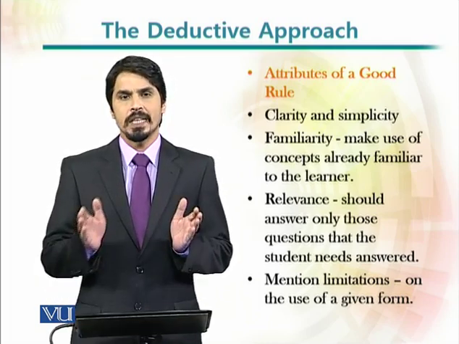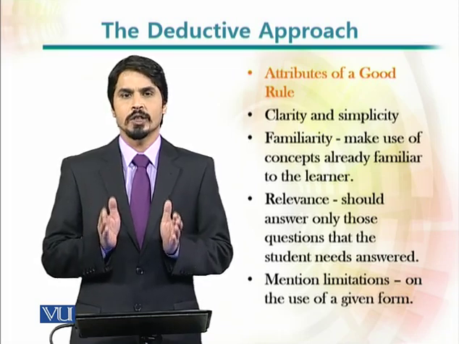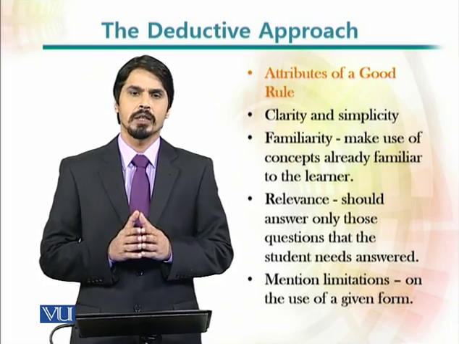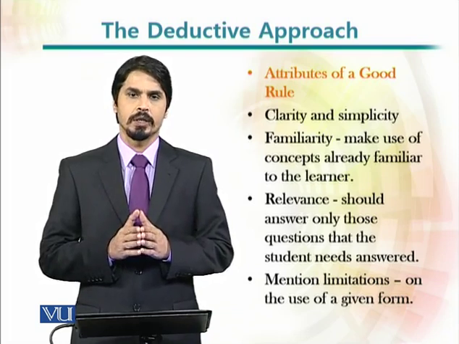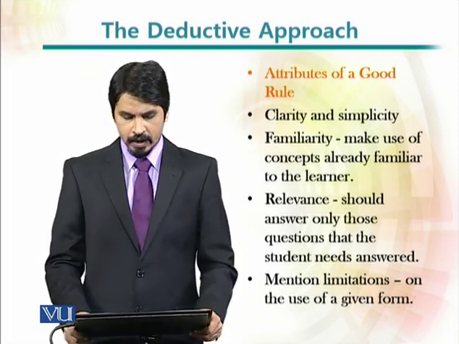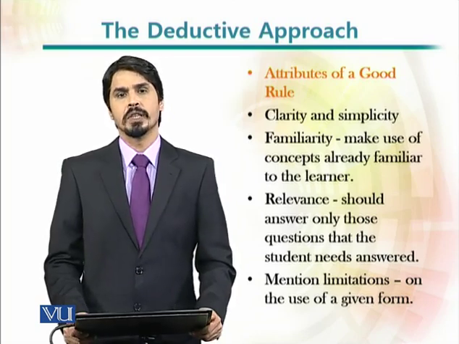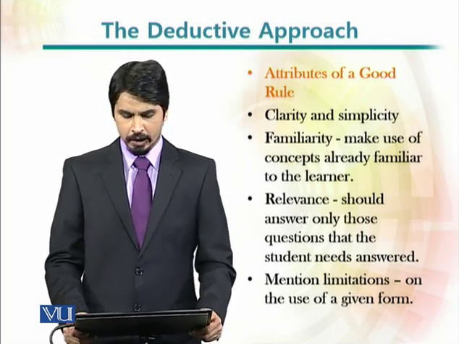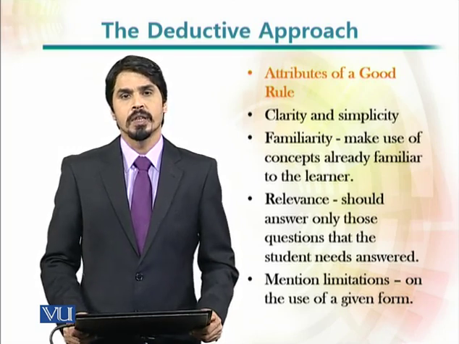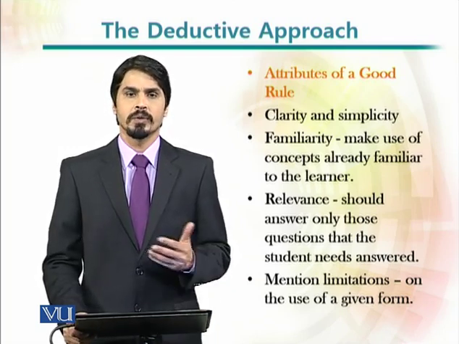So it would make the task of learning a rule or understanding a rule easier for new learners. A good rule must also be relevant to the needs of the students, and it should answer the questions which students are worried about.